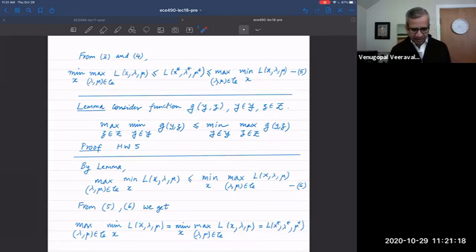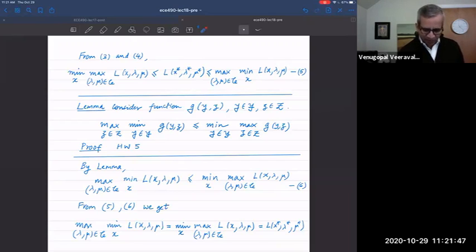Now, here's a general result. If you look at a function of two variables with some constraints, script Y and script Z, g of y, z, and if I look at the max min of this function of these two variables, it's always going to be less than or equal to the min max.